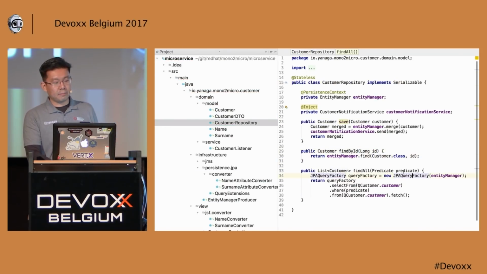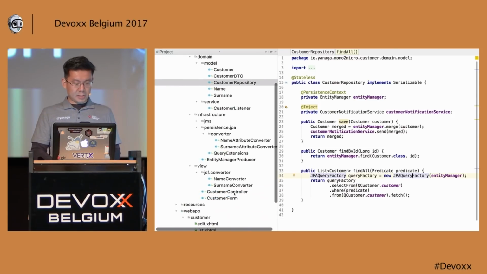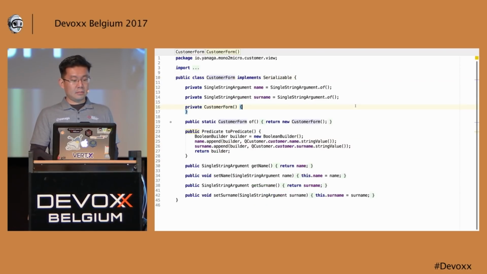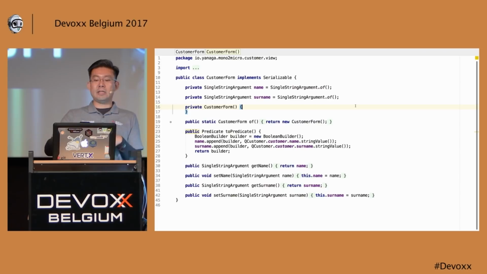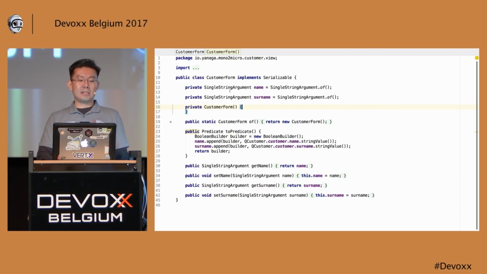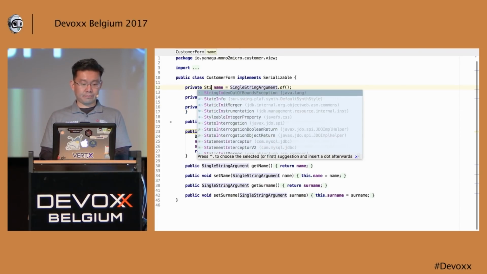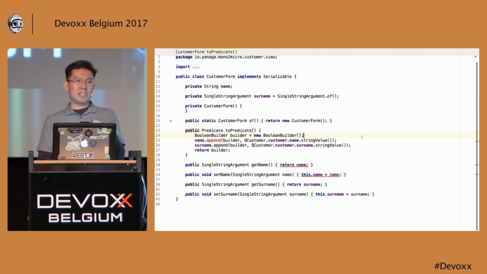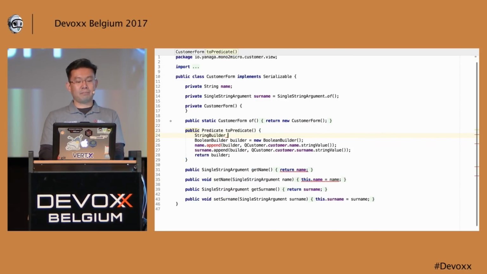Perfect. That's working. If I open here again my customer controller, you can see the customer form holds the queries for my entity. And you can see I didn't type simply a string, because if I did that and initialized it as null, I would have to, well, I'm creating a predicate. This is specific for QueryDSL, but you might see that I would create a string builder.